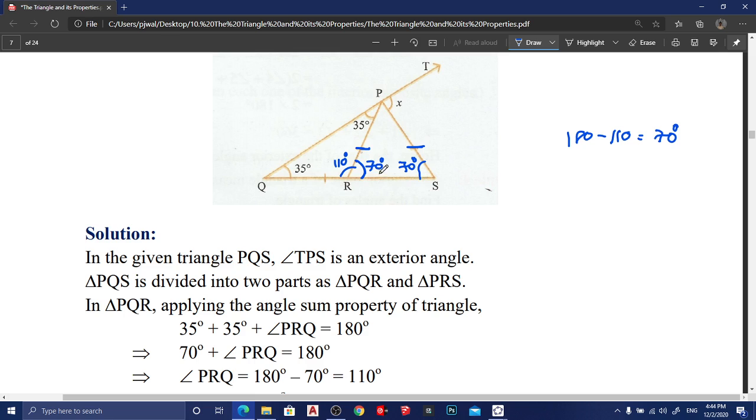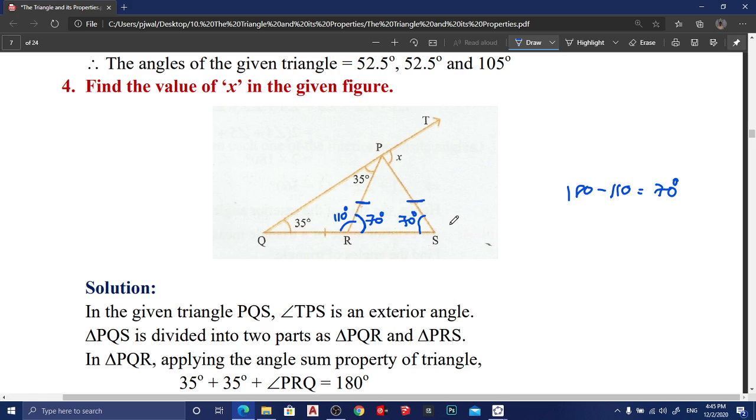So now you know these two angles as 70 degrees and 70 degrees. Now to find the x value outside, which is the exterior angle to the total triangle, you know these two angles which are opposite to this exterior angle.